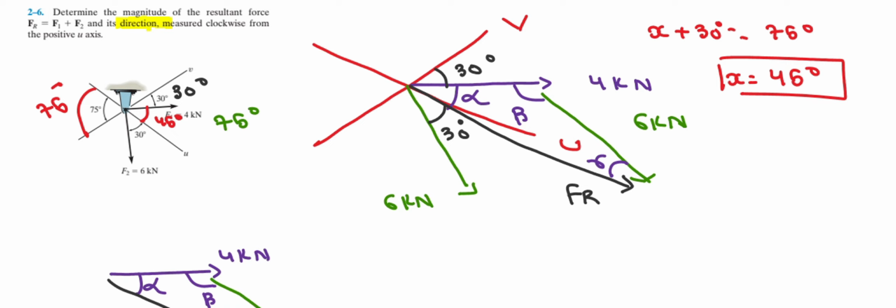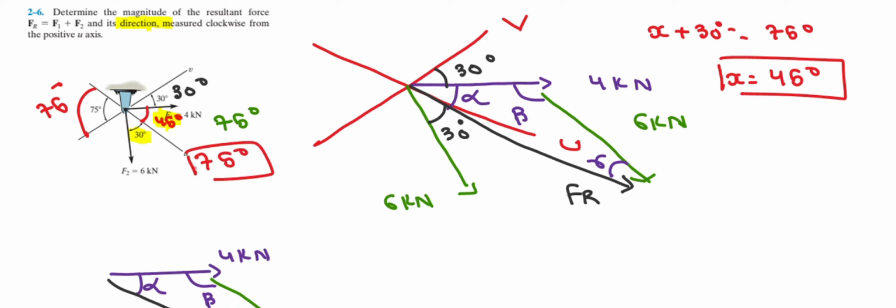So the angle between the 4 kilonewton force and u is 45 degrees. And what about the angle between F1 and F2? If this is 45 degrees here and this one is 30 degrees, the total angle here is nothing but 30 plus 45, which is 75 degrees.